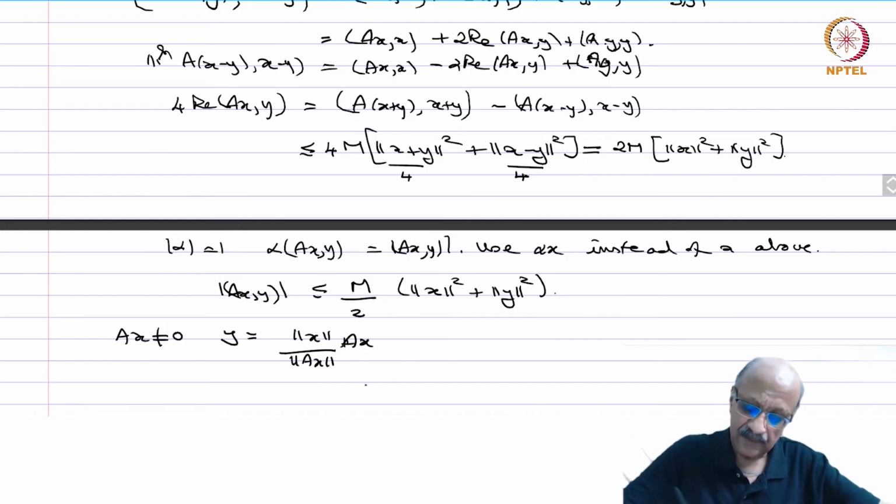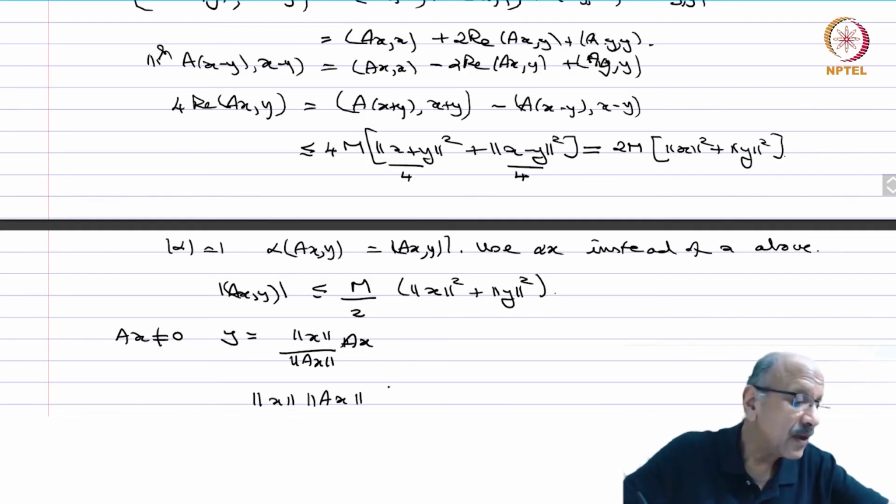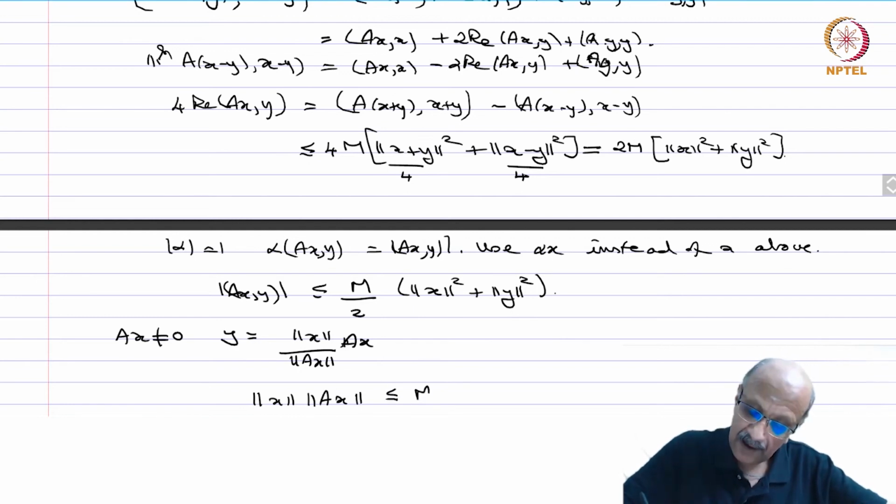So let us use this y in the above inequality. Then if you take the left hand side, you get (Ax, y) giving norm Ax square, which will cancel with one of them here, and norm x will be there. So the left hand side will be norm x times norm Ax, which is less than or equal to M by 2 times norm x square.